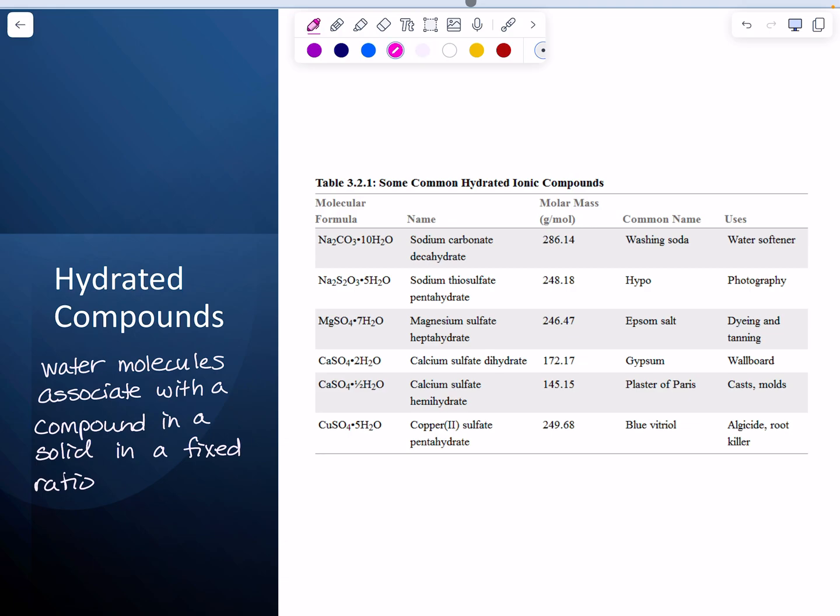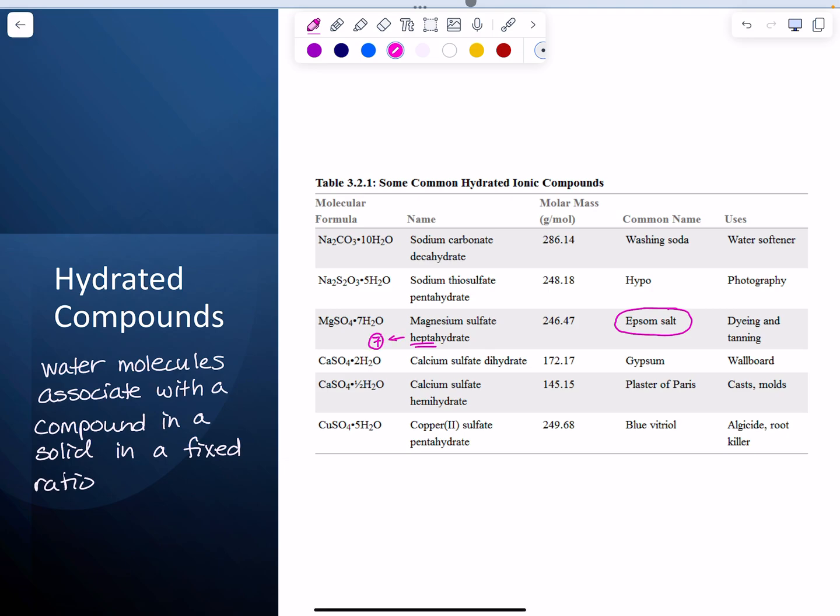So if we look at this, let's look at Epsom salts. If anybody has sore muscles and decides to take an Epsom salt bath. Epsom salt is magnesium sulfate, but in the solid form, it exists as what we call a heptahydrate. Hepta is the prefix for 7, okay?